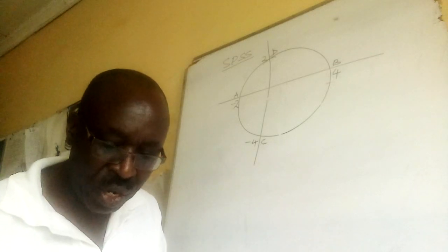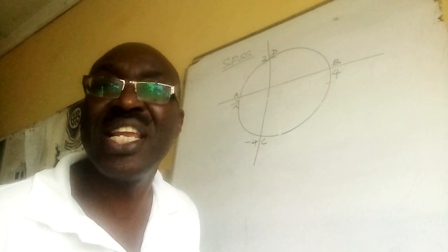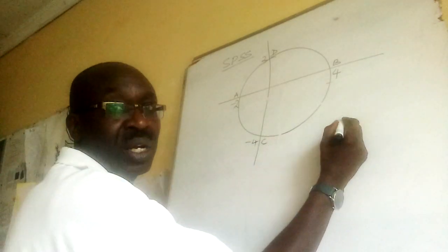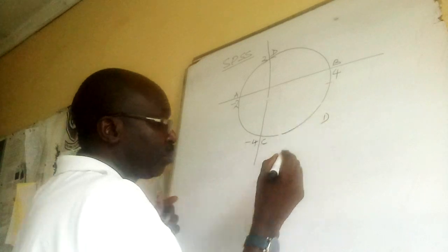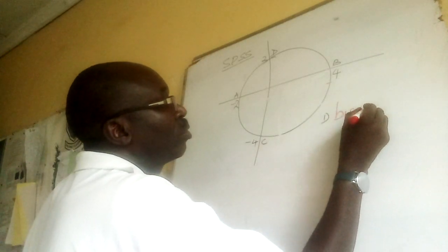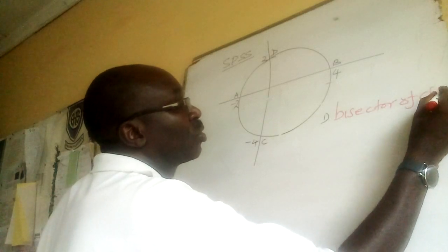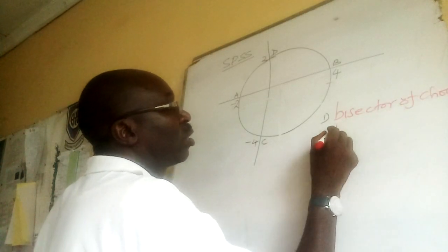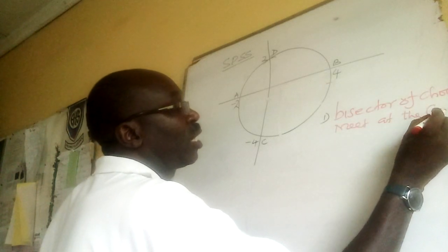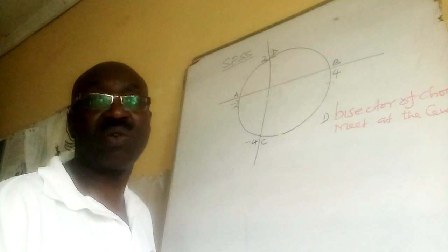Bisectors of chords meet at the center. So that is the knowledge: the bisector of a chord meets at the center.